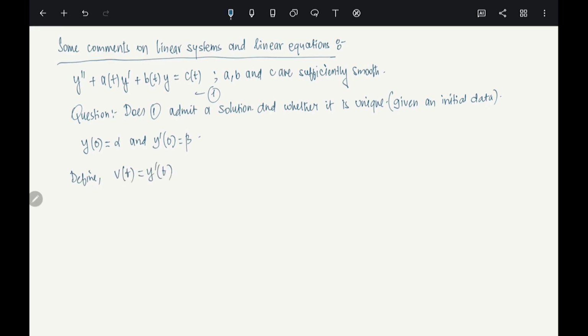Once you do that, if y prime is v, then y double prime is going to be v prime. Therefore, from the equation, v prime is nothing but minus a t times v minus b t times y plus c t.